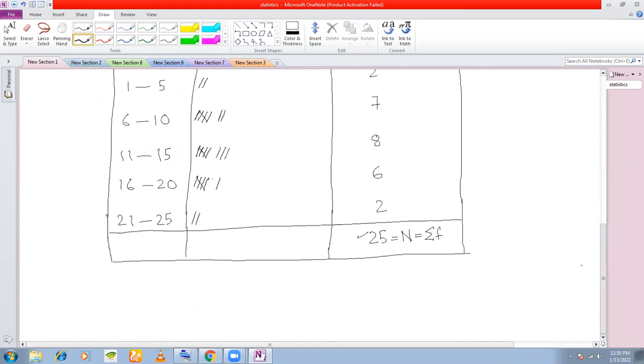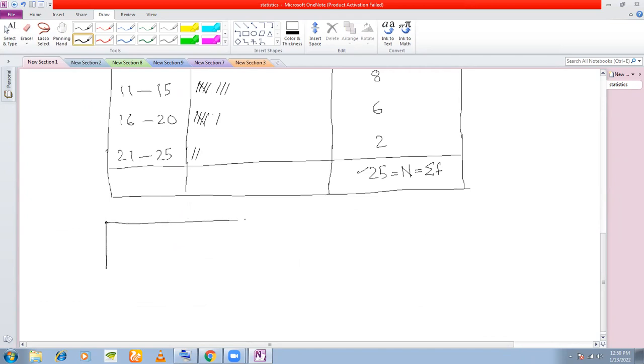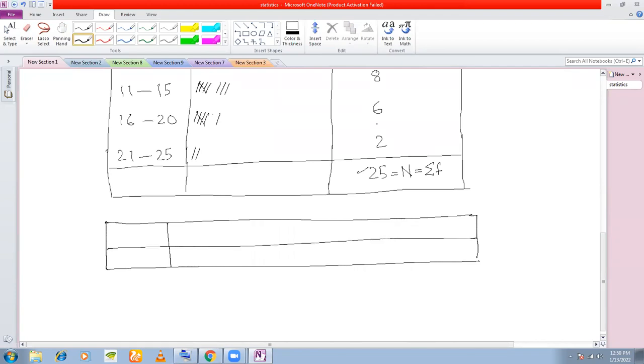Now what we do is we draw this without the tally marks. We draw this horizontally without the tally marks. And this will become our frequency distribution table. So you have your class intervals. And you have frequency.